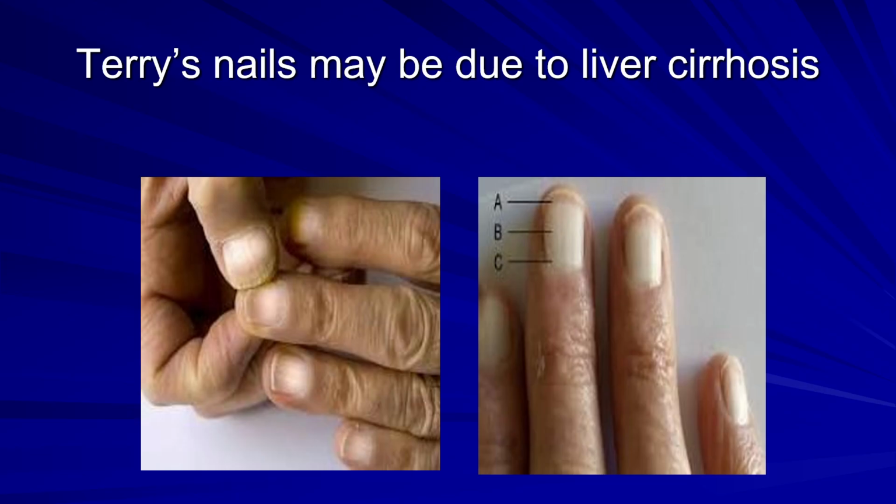The three findings are due to diminished vascularity of the nail bed and to deposition of connective tissue there. It is not specific for chronic liver disease or cirrhosis. It can be seen in heart failure, renal failure, or diabetes, but when you see it, you have to consider the presence of liver disease as one possibility.